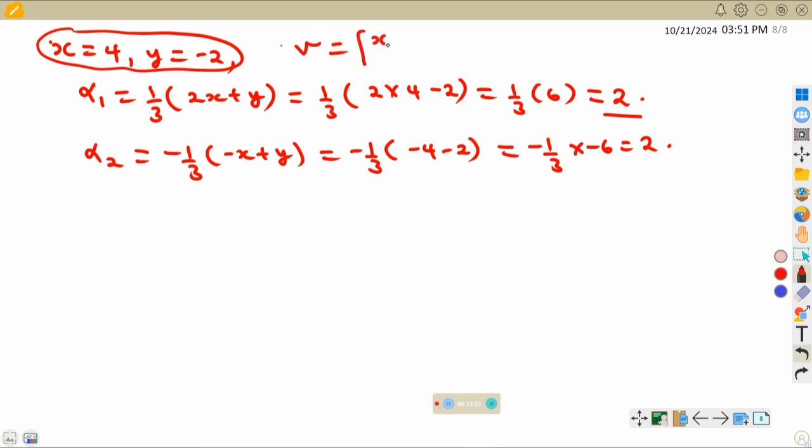So our v was x and y. So in other words, you are able to get your v as 4 and negative 2. So the moment you have v, you can easily get alpha 1 and alpha 2. So it means you are able to write v as alpha 1 v1 plus alpha 2 v2. This is what we had.